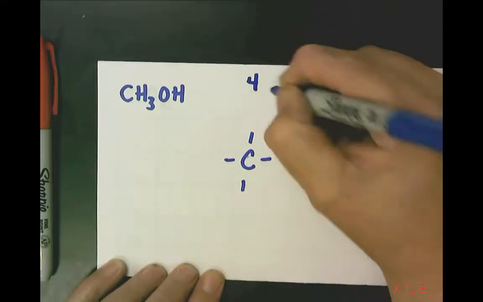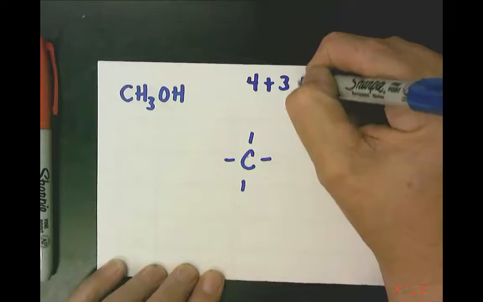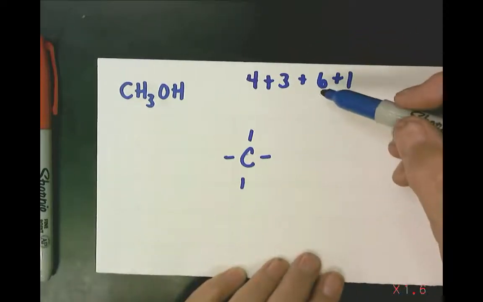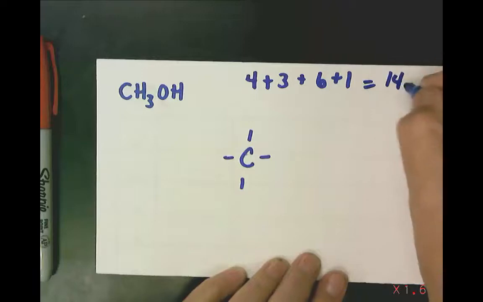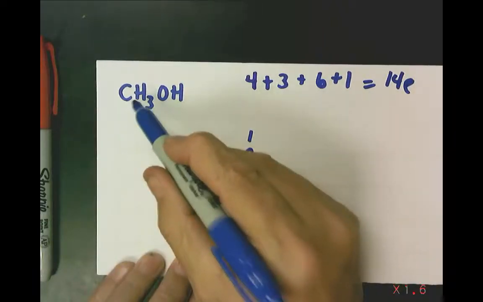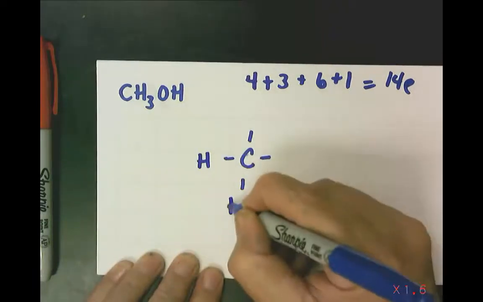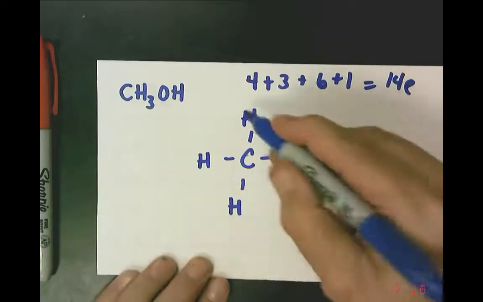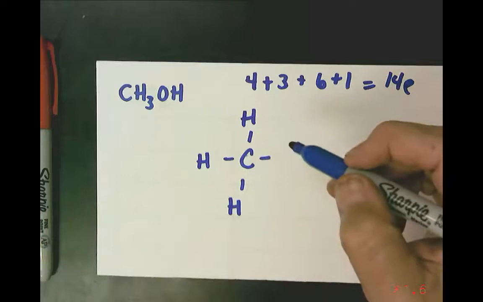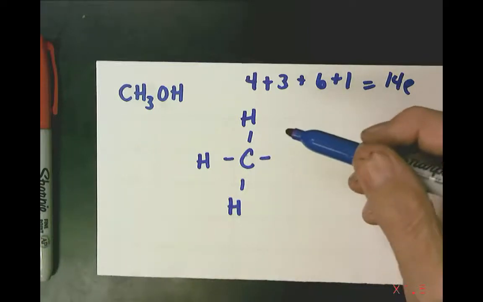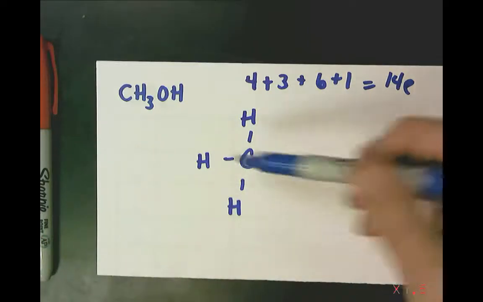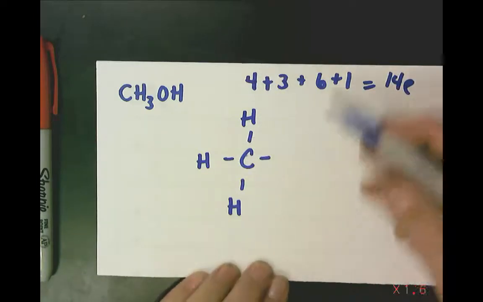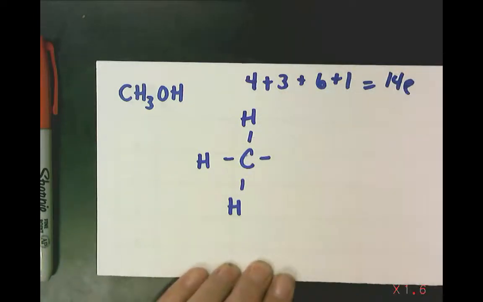So that'd be 4 plus 3 plus 6 plus 1. So it looks like we've got 14 electrons. Okay, so I've got my 3 H's on my carbon. And so this is an organic compound. That's the methyl group. And when we get into the organic chapter, you'll get used to drawing substituents in these carbon chains. You won't be counting valence electrons.